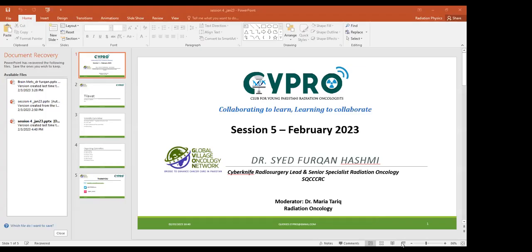I remember 2 years back, it was around 80,000 something here in AKU, and by now they have possibly doubled. But that is the best imaging to look into whether it's a true progression of the lesion or radionecrosis. But for a routine follow-up scan, just do a simple MR scan.